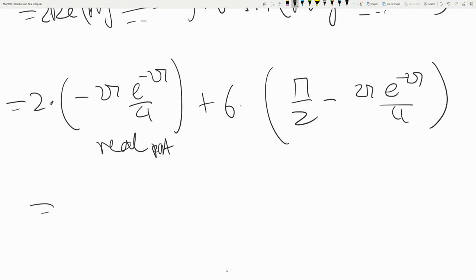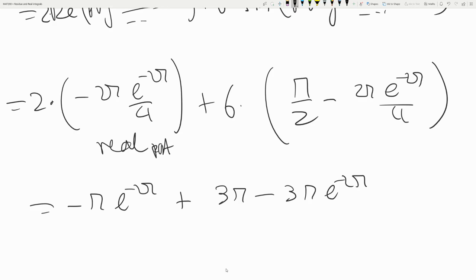The 4 cancels out, so you have minus pi e to the minus 2 pi. There's not much we can do here. So we have 6, so 3 pi, and then 3 pi e to the minus 2 pi. I guess we can group these two. So 4. Okay, good. Thank you.